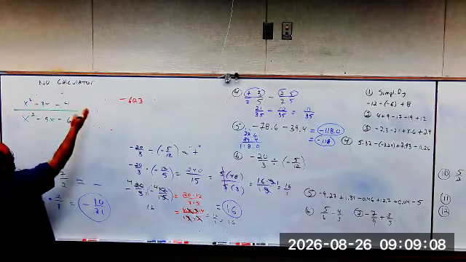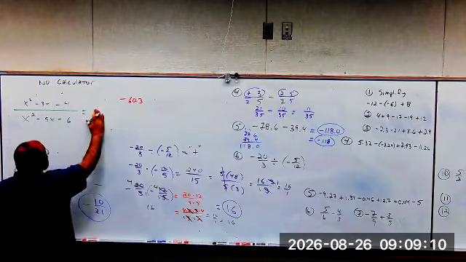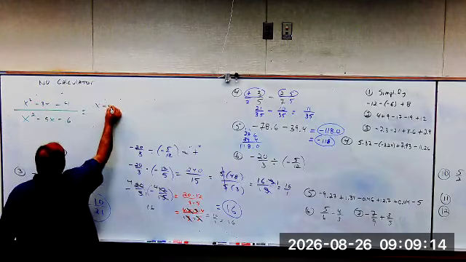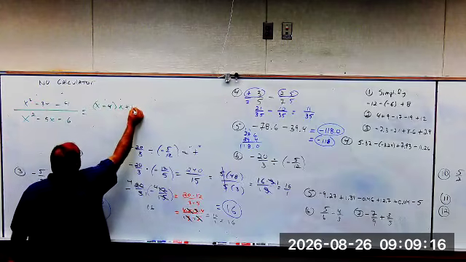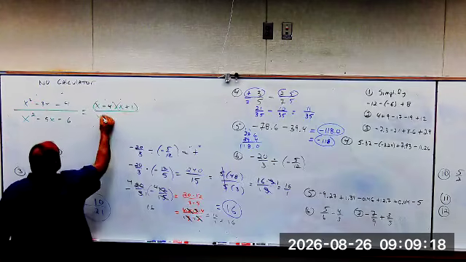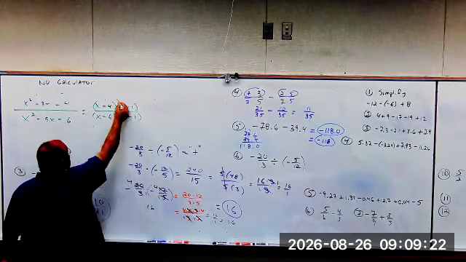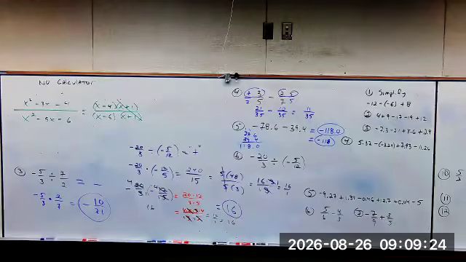I can't cross off anything, but you have to be able to factor this: x minus 4 times x plus 1, and this is x minus 6 times x plus 1, and there's my common factor.